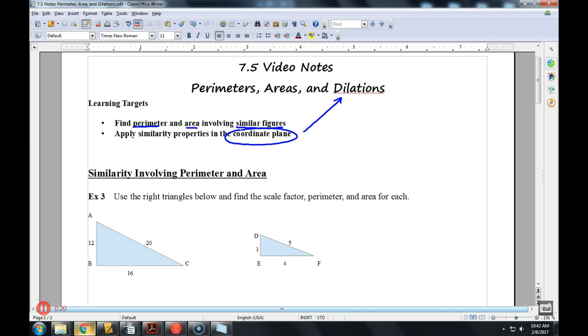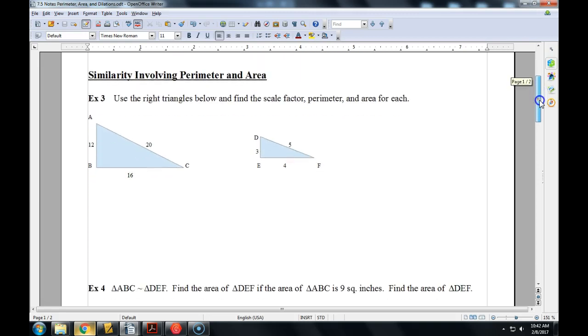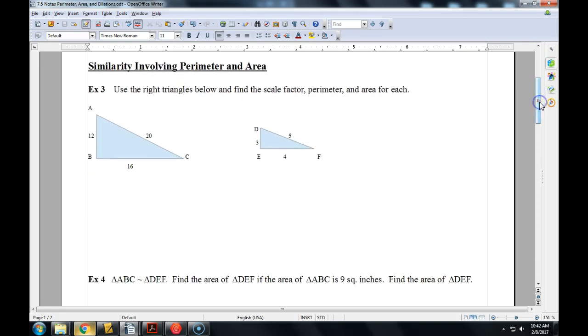Alright, so let's look at this first little section here. It says example 3, but really it's example 1 because I've shortened it from another set of notes. It says use the right triangles below to find the scale factor, the perimeter, and the area for each. First, we need to find the scale factor.